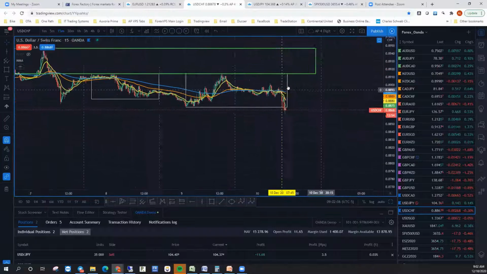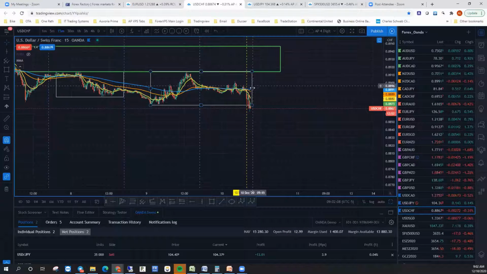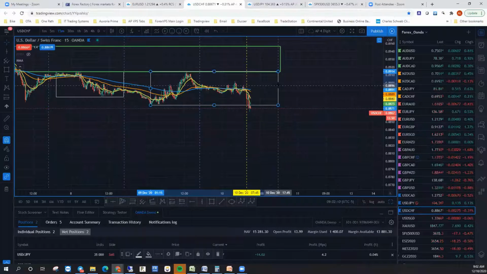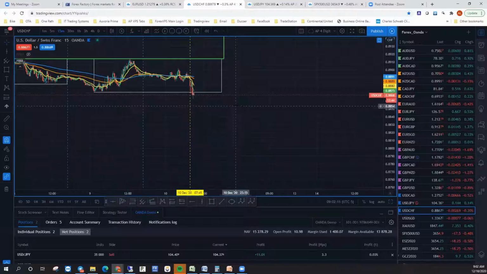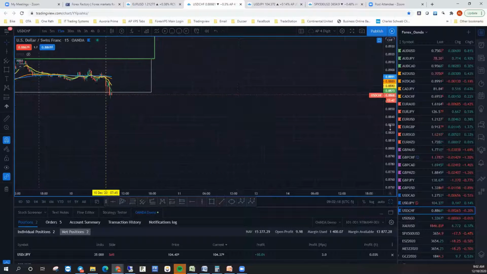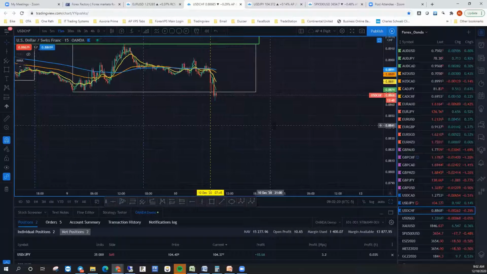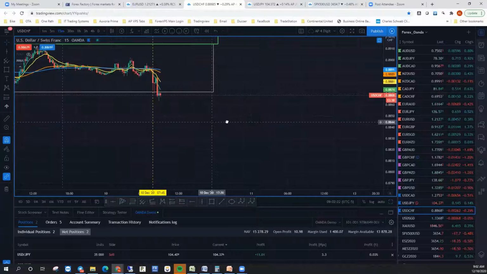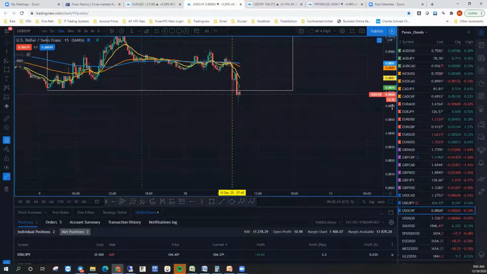Right now we're in the red zone, going shorter. This was yesterday's low.